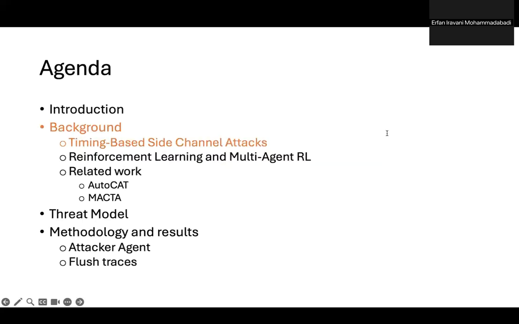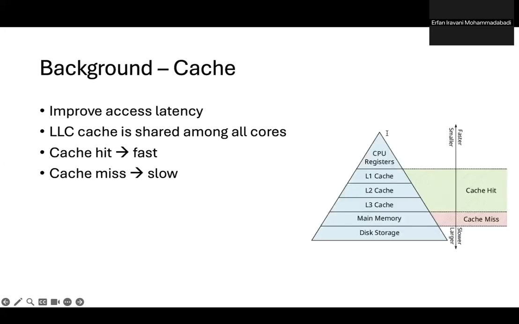Okay, we start with explaining what timing-based side channel attacks are. Before diving into side channel attacks, let's briefly review how caches work and why they matter for performance and security. Modern processors rely on a memory hierarchy to reduce access latency. At the top of this hierarchy, we have the smallest and fastest storage, like CPU registers and L1 cache.